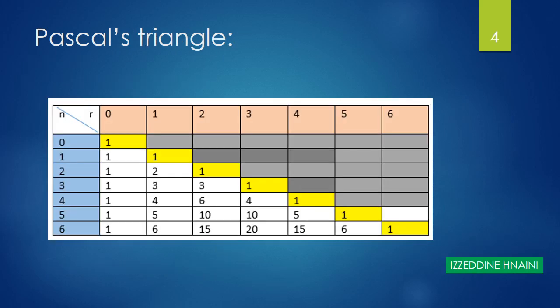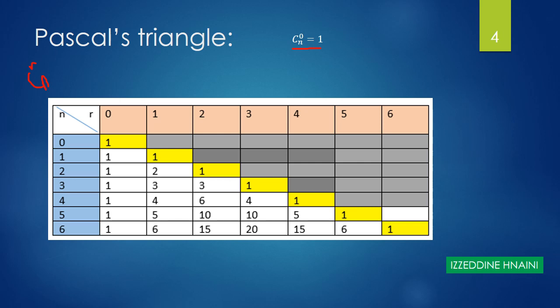Pascal's triangle. We want to fill this table with the suitable combinations C(n,r). First, the first column is 1, 1, 1, 1 because r equals 0 and we know the property C(n,0) equals 1.